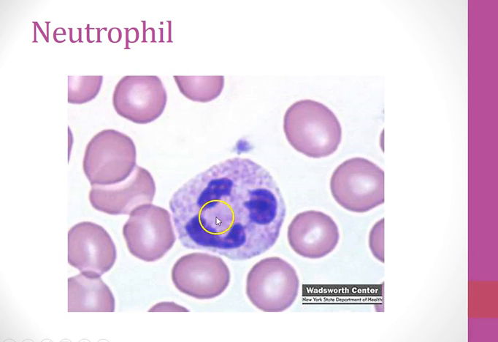It has a 3 or 4 segmented nucleus, so you'll see segments. They're larger than the red cells, and they have reddish, orange, purplish looking granules, but nothing really dark.